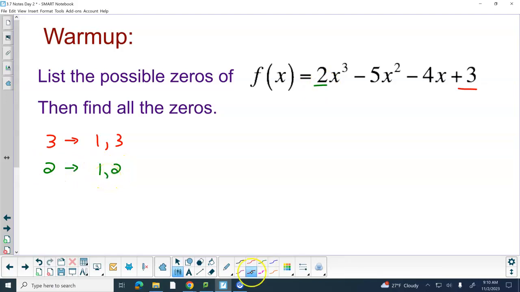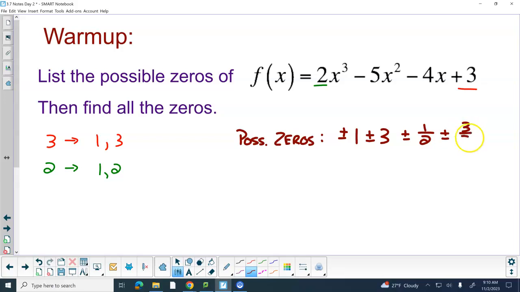So my list of all possible zeros is plus and minus 1, plus and minus 3, plus and minus 1/2, plus and minus 3/2.